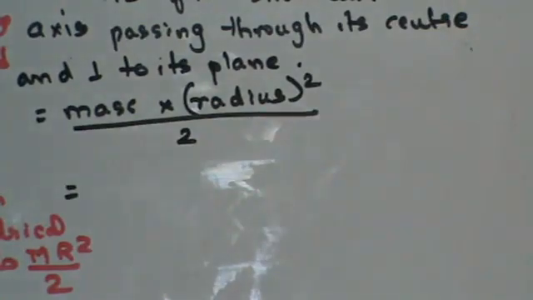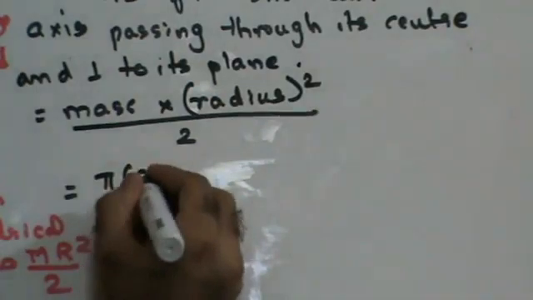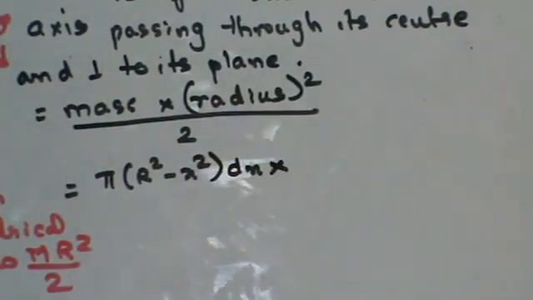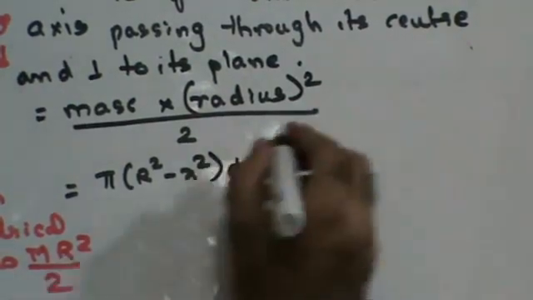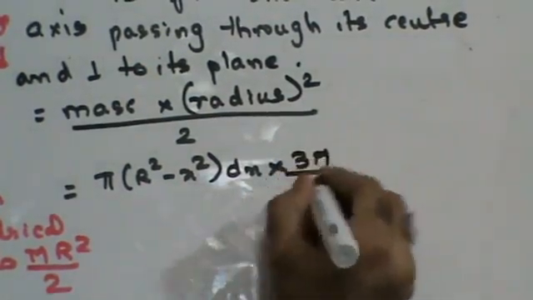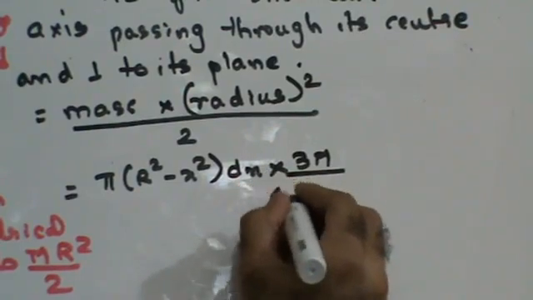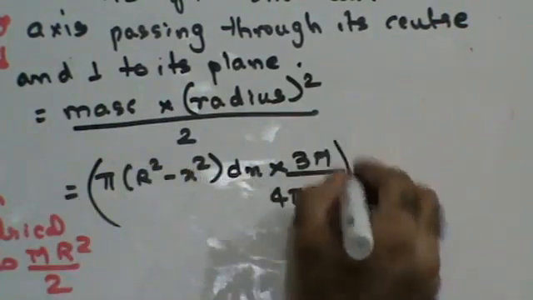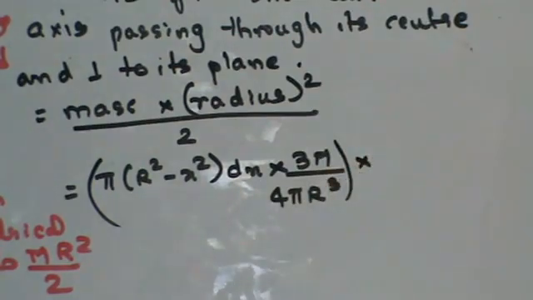Right? Mass of the slice you just found out is nothing but pi times r square minus x square into dx, into 3m upon 4 pi r cube. This is mass into radius square upon 2.